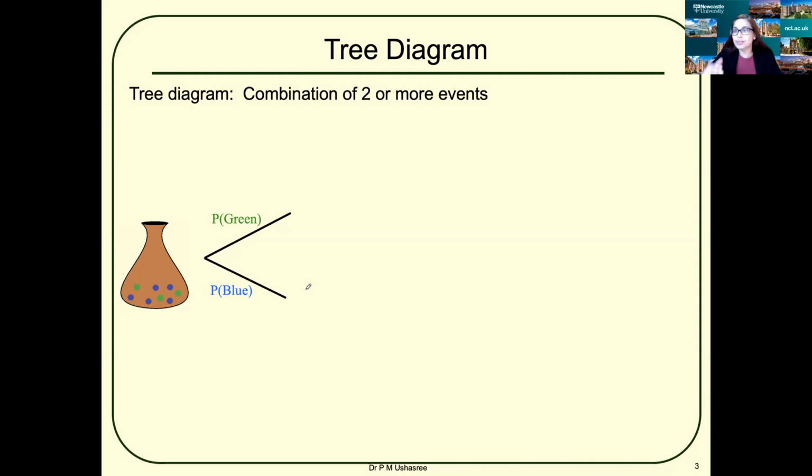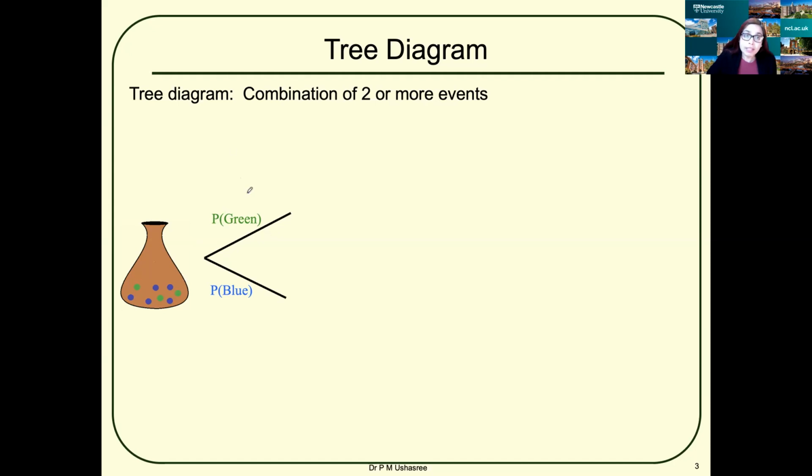I mean, the branches of this tree, because it looks exactly like the branches of a tree. So the probabilities are given along the branches, along the straight lines. For example, what is the probability of picking a green ball from here? The total number of balls is 1, 2, 3, 4, 5, 6, 7, 8.